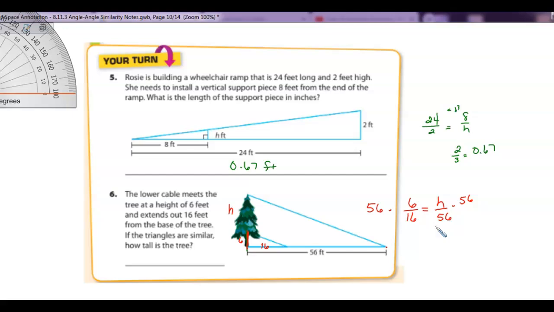And I can take 6 divided by 16, which equals 0.375, and multiply that by 56. I get 21. That simplifies out. Then I get 21 equals h. So the tree is 21 feet tall.